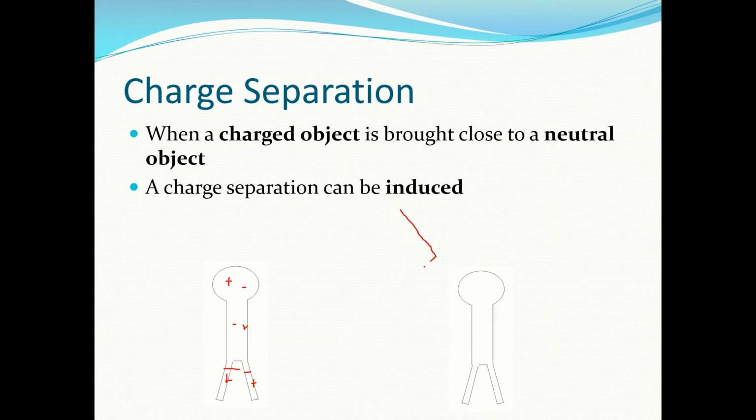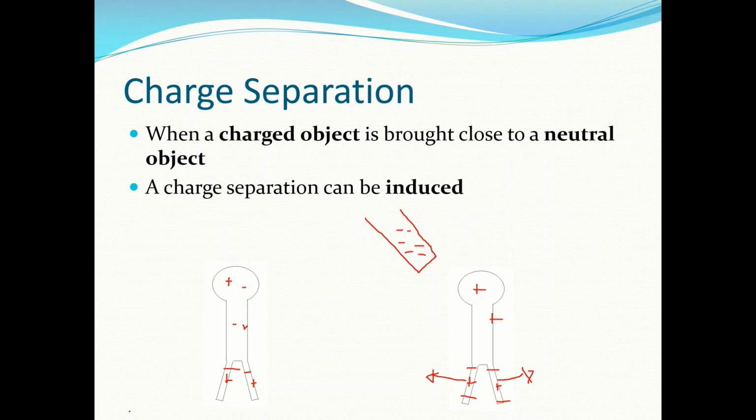And then I take an object like my balloon that could have a negative or a positive charge. It doesn't matter, I can show you both. Those positive charges stay where they are. But all these negatives are going to be repelled. They're going to move into the leaves here, which makes the bottom of the electroscope negatively charged, the top positive. And it makes those leaves spread apart.